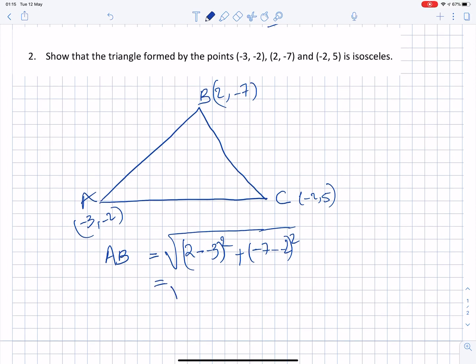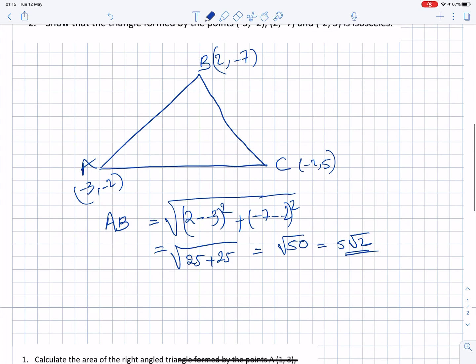So that gives you 2 take away negative 3, that's 5 squared is 25, plus negative 7 take away 2, so that's negative 9... that will give you negative 5. You square, you still get 25. So the answer for that is the square root of 50. You can simplify that and get 5 root 2. Okay, now I've got AB.